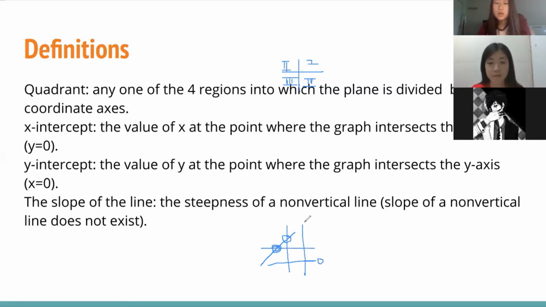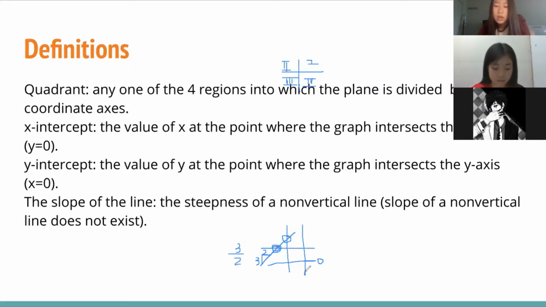Okay, so when the line is vertical, the slope is undefined because basically the slope is rise over run. So if the rise is 3 units and the run is 2 units, it's rise over run.